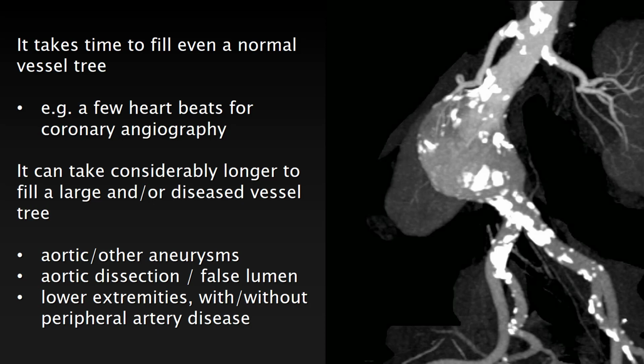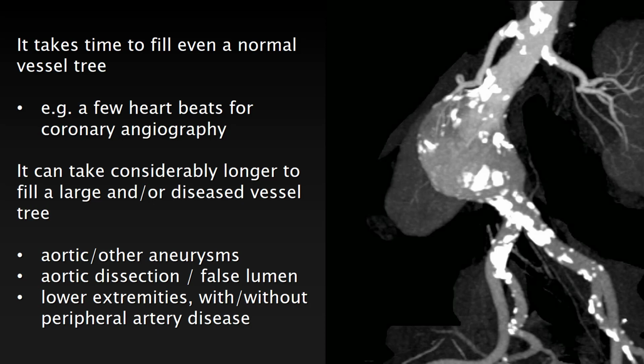The reason was because we were just too enthusiastic. We just scanned through that, and we didn't allow the contrast to mix in those aneurysm sacs, which is not good. So you don't want to scan too early and too fast, and it can take quite some while to fill these aneurysms.